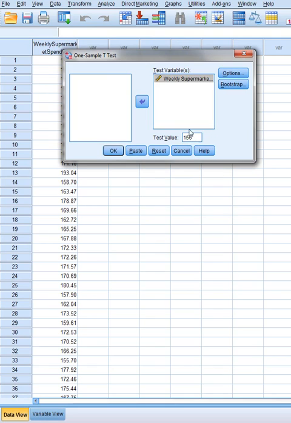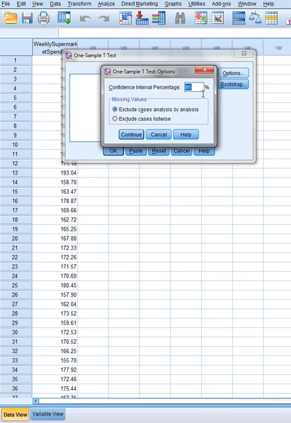We want to see whether the values here that we've collected in our sample have a mean of 156 or not, and that's after we take into account the variation to do with the sample. If we were to want a 99% confidence interval or a 90% confidence interval, say, we would come in here and change this to 90 or 95.